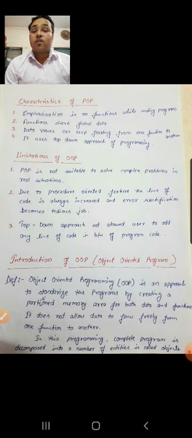Remember my previous definition of POP. There, the focus of the programmer is only on functions rather than the data. But here, the focus is on data rather than the function. It does not allow data to flow freely from one function to another.